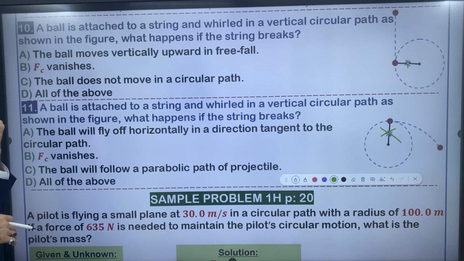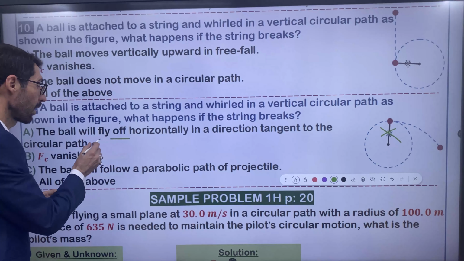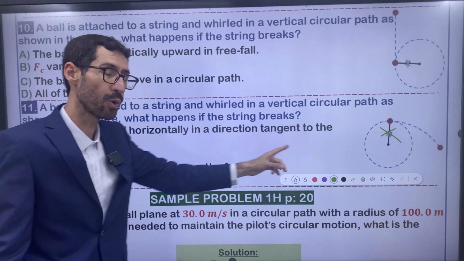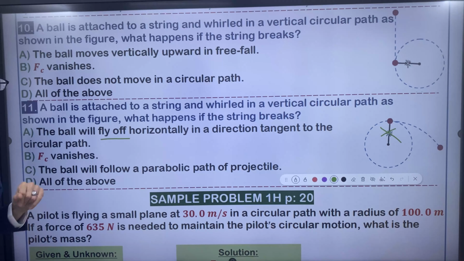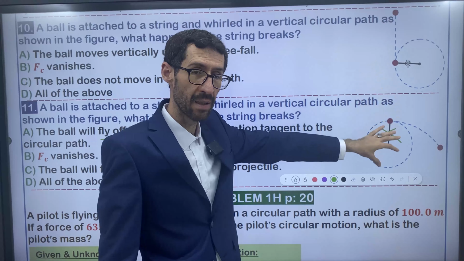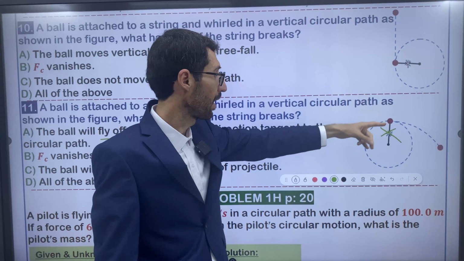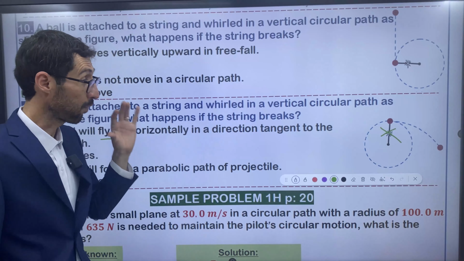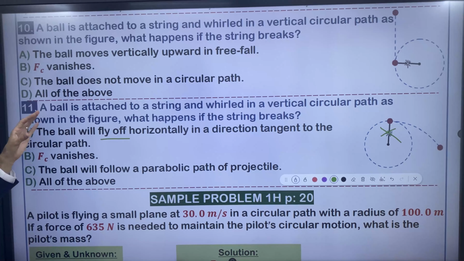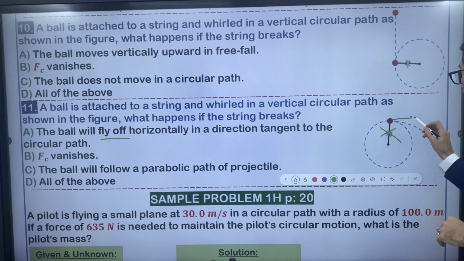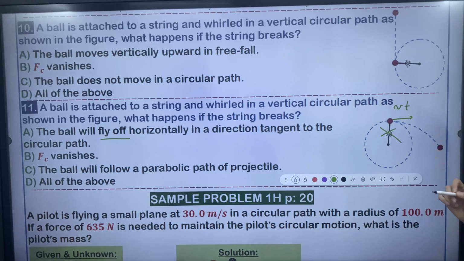Let me read the options for you. A, the ball will fly off horizontally in a direction tangent to the circular path. When the ball reaches the top of its path and the string breaks, it flies off horizontally by means of tangential velocity.